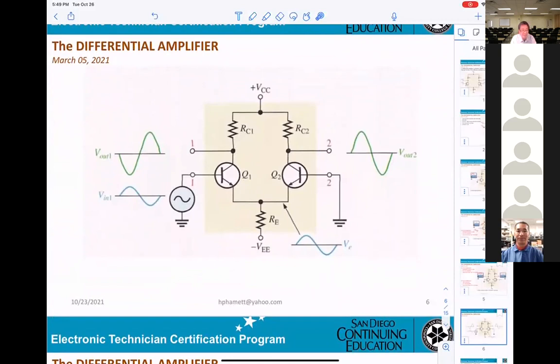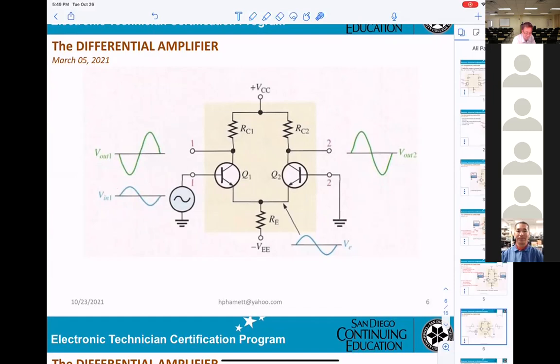Okay, now here they give you more detail on what we already did. They apply the signal into Q1, and Q1 amplifies it, so the output here will be inverted. You see that?